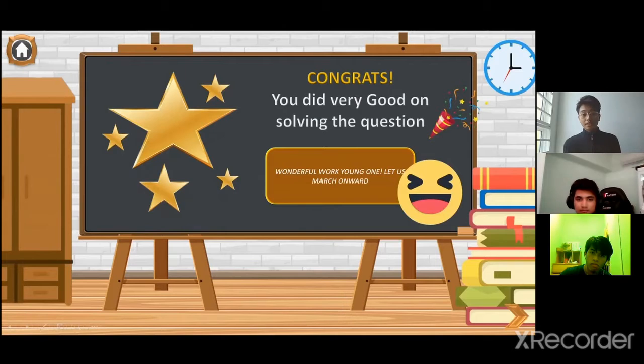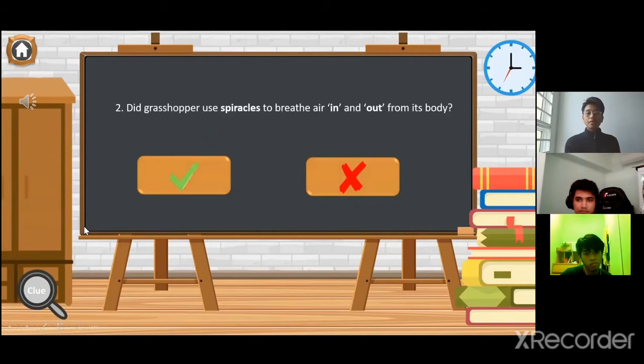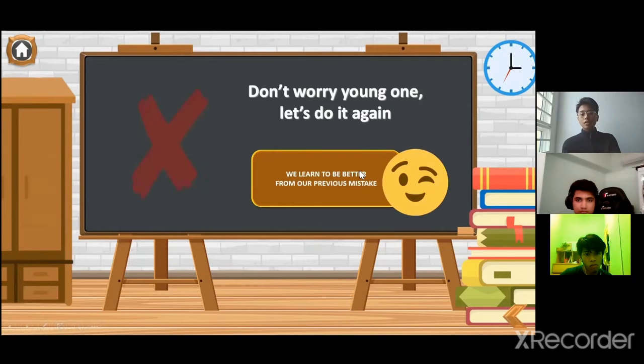The second one: the grasshopper uses spiracles to breathe in and out from its body. If I accidentally put it wrong because I didn't know how to answer, you see, don't worry, young one. Let's do it again.